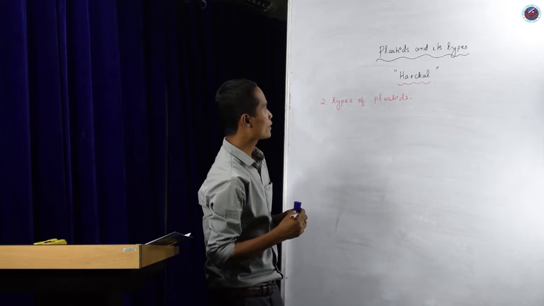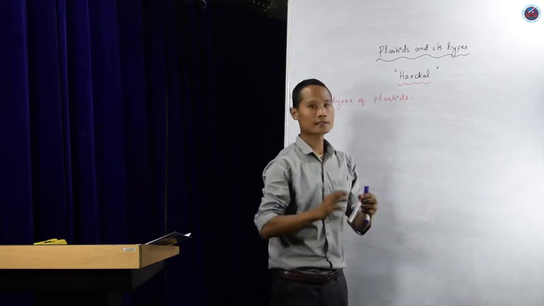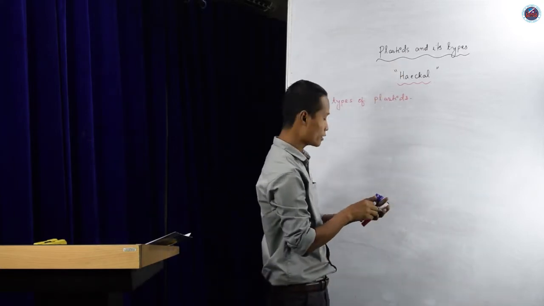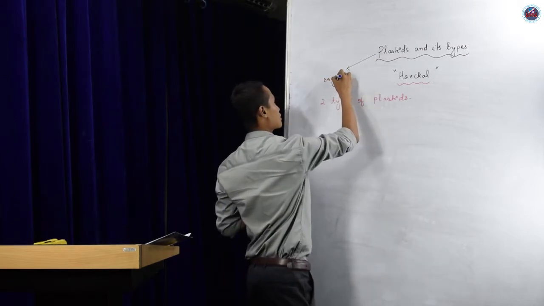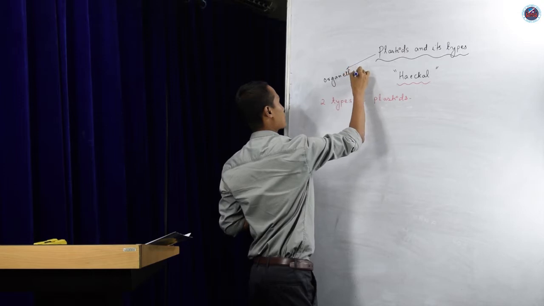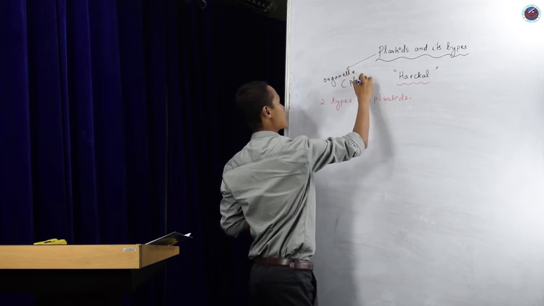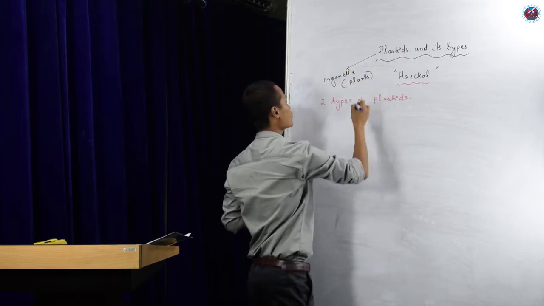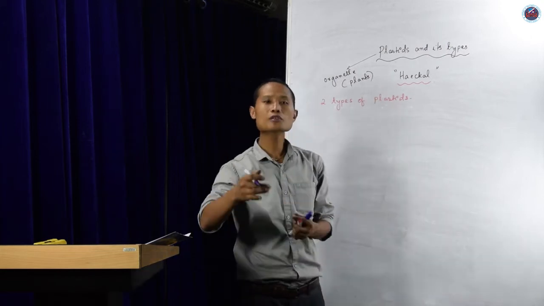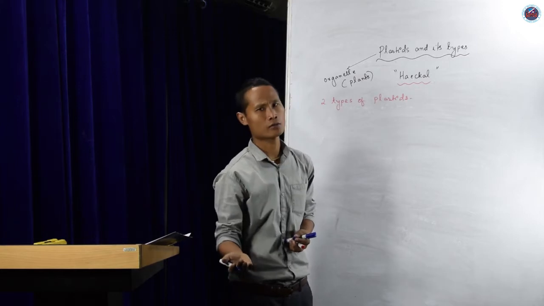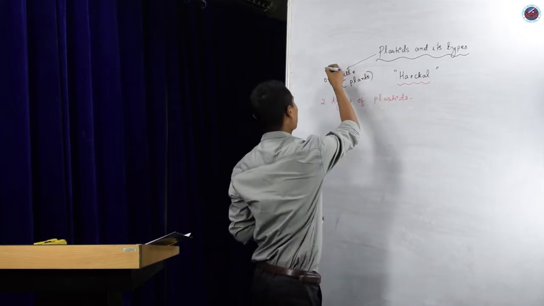Before that, they are found in all the cells. This is also a cell organelle. Plastid is also an organelle found in all the plants. You don't find it in animals. It is found in all the plants and some unicellular organisms like protists, for example Euglena.